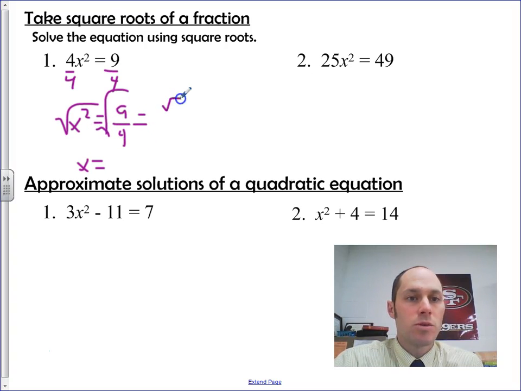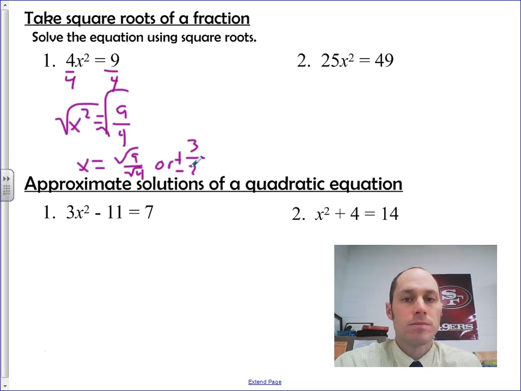That's really the same as square root of 9 over square root of 4, which when I simplify that down, I get 3 over 2, because square root of 9 is 3, square root of 4 is 2. So plus or minus 3/2.